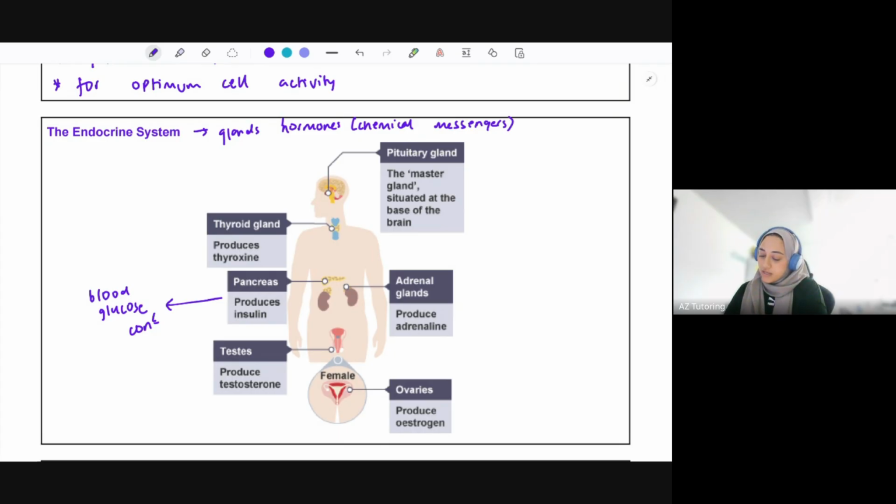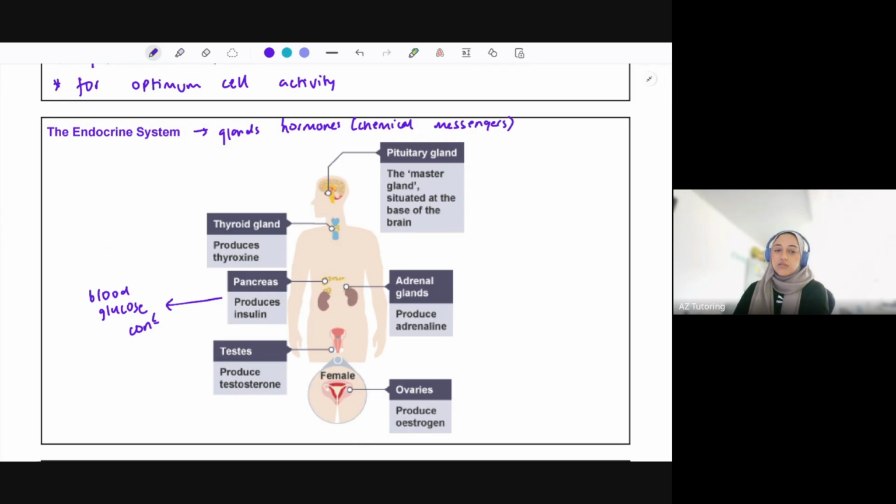You've got the pituitary gland, which is not part of your brain, but is situated at the base of the brain. We call this the master gland, so it tells the other glands what to do. For higher students, it's quite important for negative feedback, like with the thyroid gland with thyroxine and TSH and so on. But for both foundation and higher, just make sure you know the pituitary gland is the master gland.